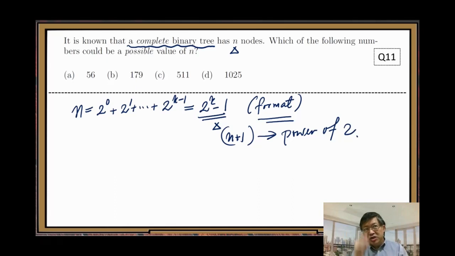This one, you add 1, you get 512, which is 2 to the 9th. So you find the answer. It is just a simple property, but you need to know that property.